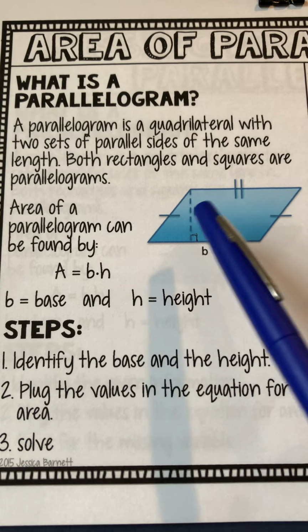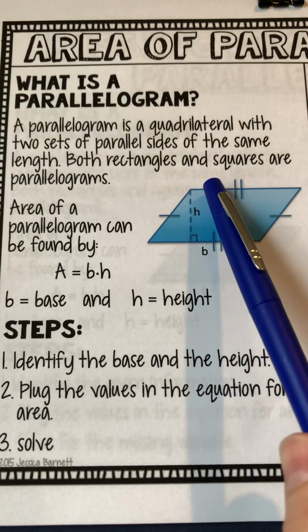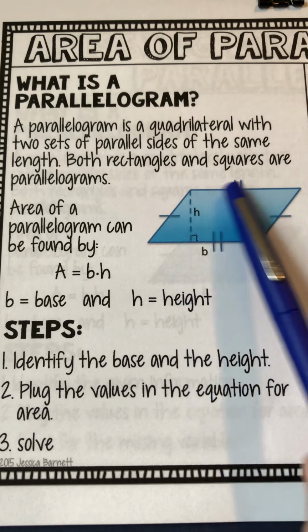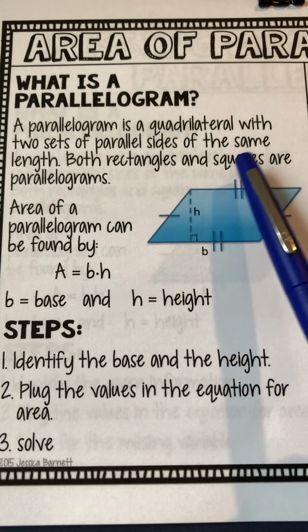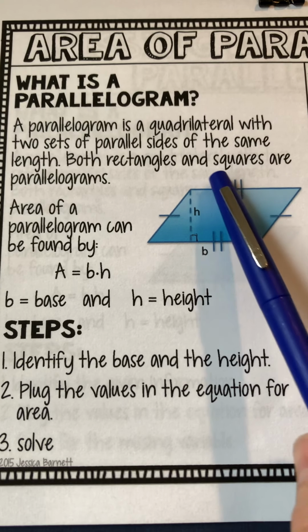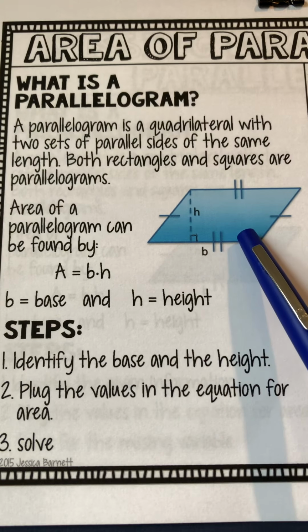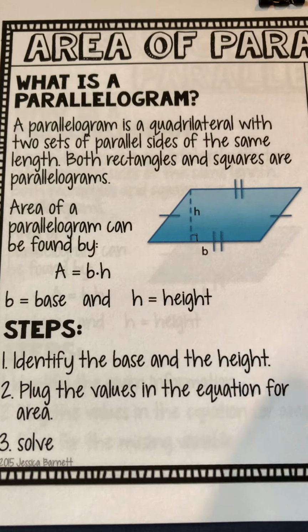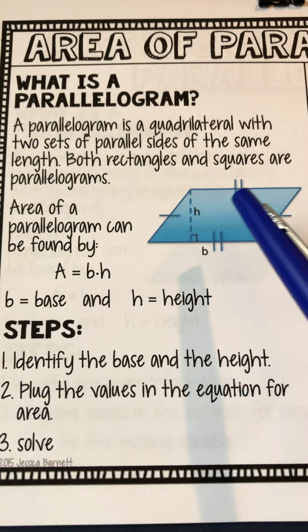But for area, we just need the base and the height. Also, just because this is the bottom doesn't mean that you can't use this measurement. Let's say you're given this is 12, 12 inches, 12 centimeters, whatever. This is also 12. So you can use that because you could always just rotate the parallelogram and it would all of a sudden become the base and the height, okay?